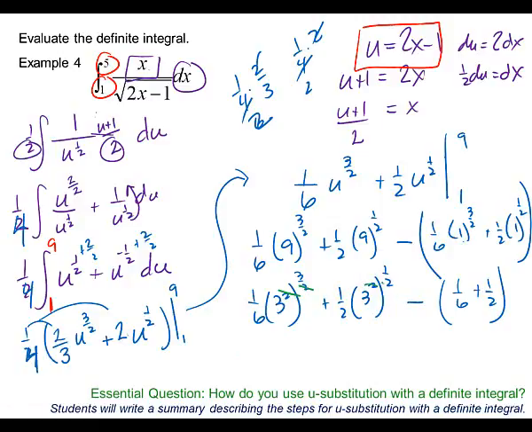Yeah, it cancels those nice 2's, right? So let's see, what's 3 cubed? 27 over 6. And then I get 3 over 2, is that right? And then I'm going to go ahead and distribute that negative at the same time. I'm not simplifying yet, because I'm going to combine like terms and then simplify.